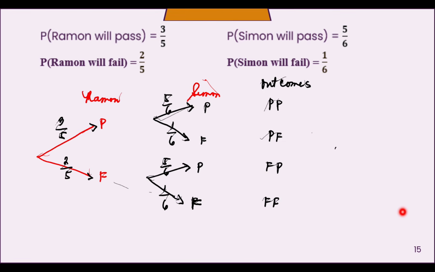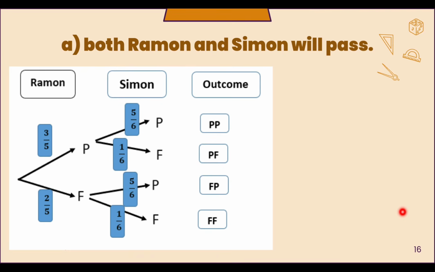Now, let us answer the questions based on our probability tree diagram. The first condition that we have to answer is both Ramon and Simon will pass. So which in the tree diagram are we going to consider? That of the PP because both will be passing.